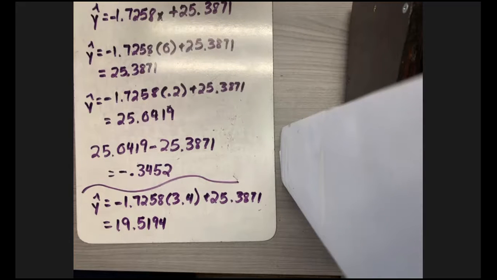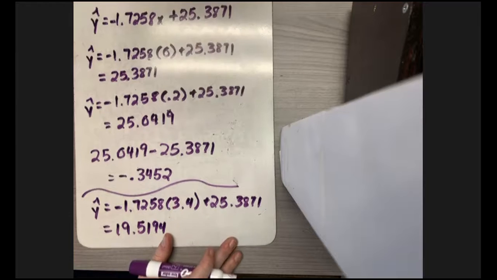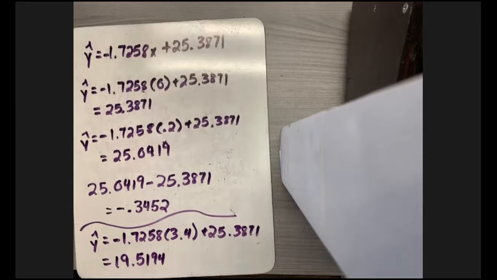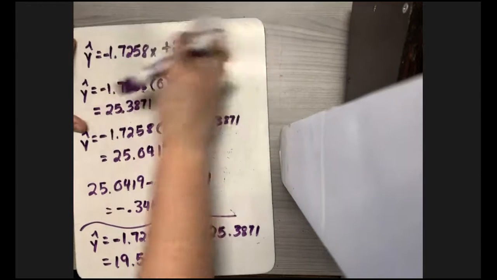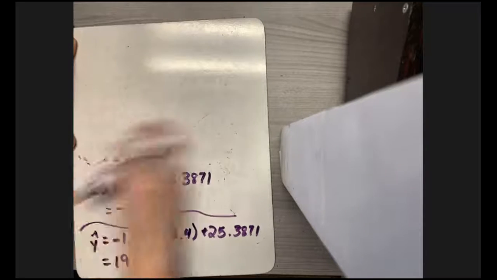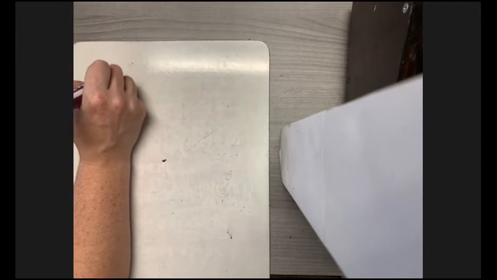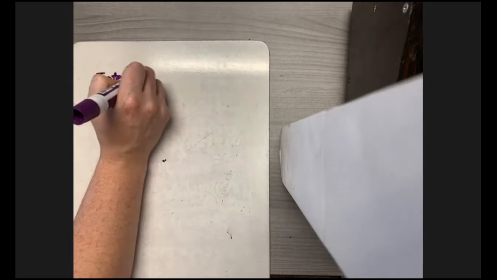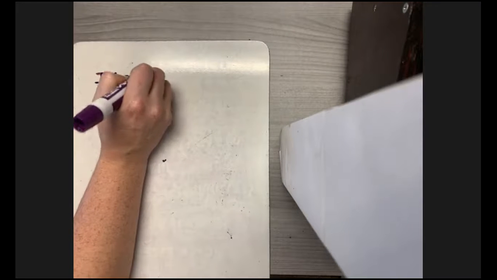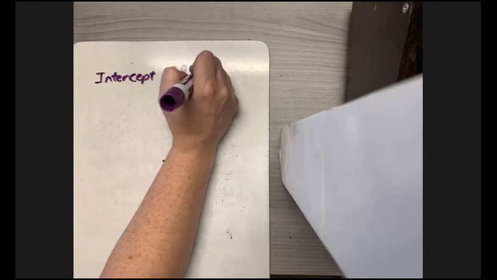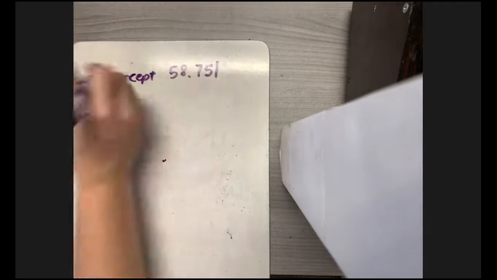Okay. Now, one other scenario that may be presented, okay, would be if they happen to give you the slope and the y-intercept, okay. Just they outright said it. So they said something like the intercept was 58.751.